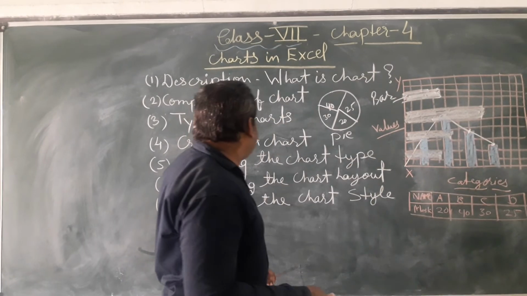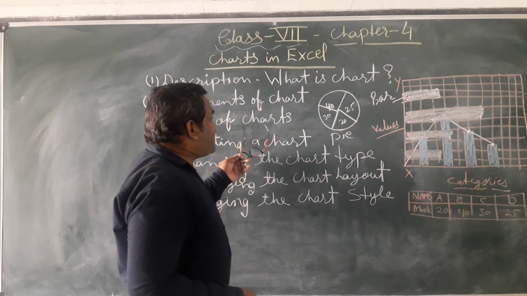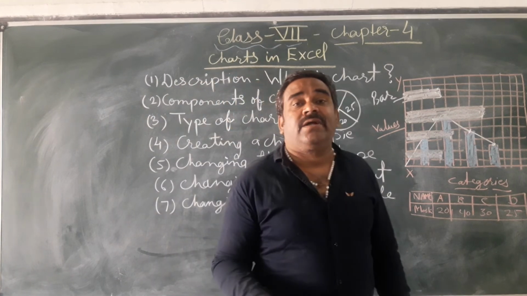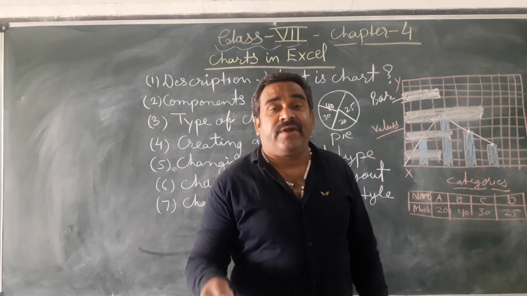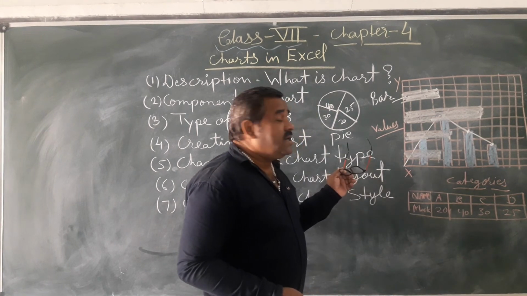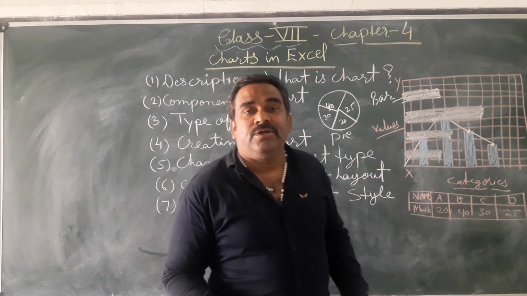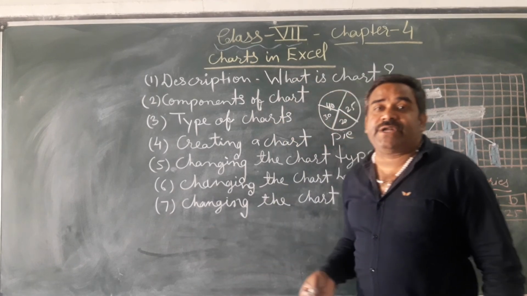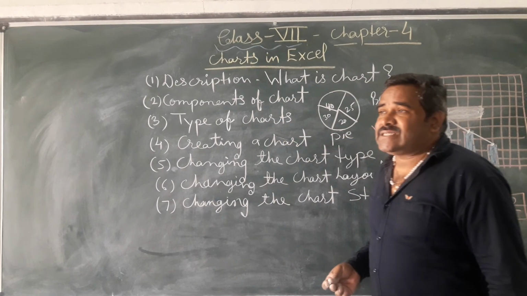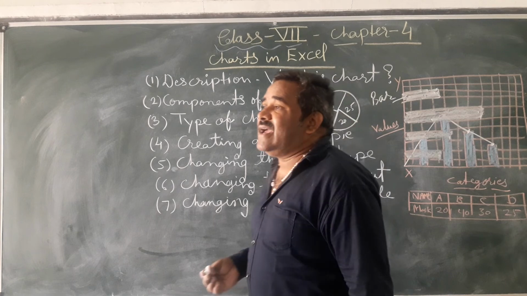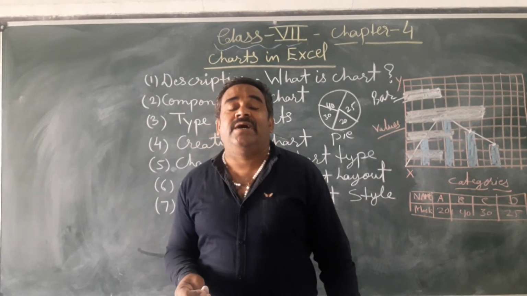Change to a different type of chart: line, bar, donut, scatter, radar, pie. So using these features, you can create your chart in MS Excel. This is also important when we analyze our data.